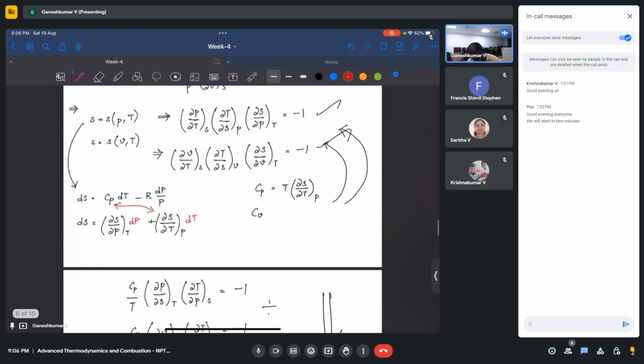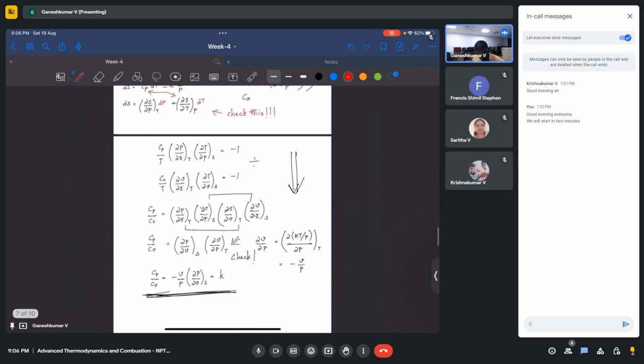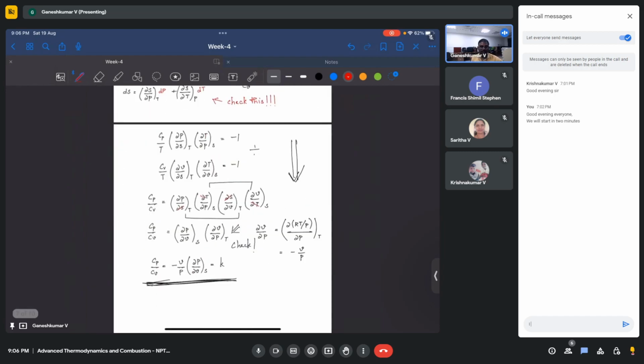And once you do that, you substitute it here, and then you should be able to get results. There's a T also missing. You should do it a little carefully. Okay, check this also. And then if you do this, you will be able to prove this also.